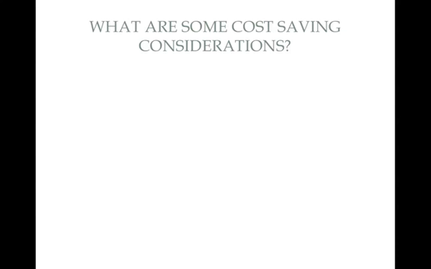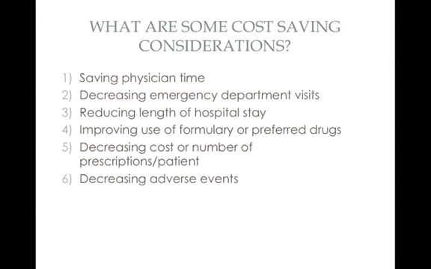Cost avoidance projections can include costs associated with the saving of physician time, decreasing emergency department visits, reducing length of hospital stay, improving use of formulary or preferred drugs, decreasing cost or number of prescriptions per patient, and decreasing adverse events. Sometimes pharmacy models may fit into more than one financial model.